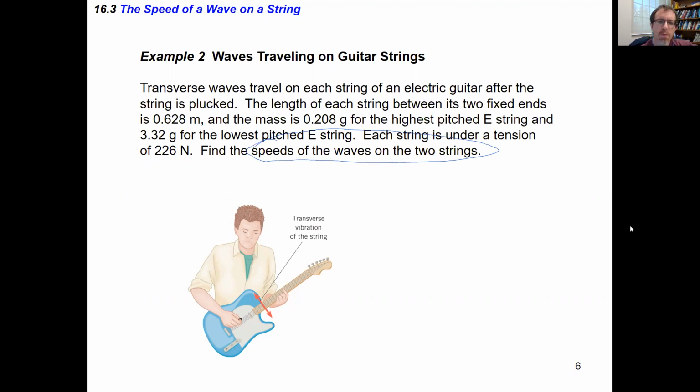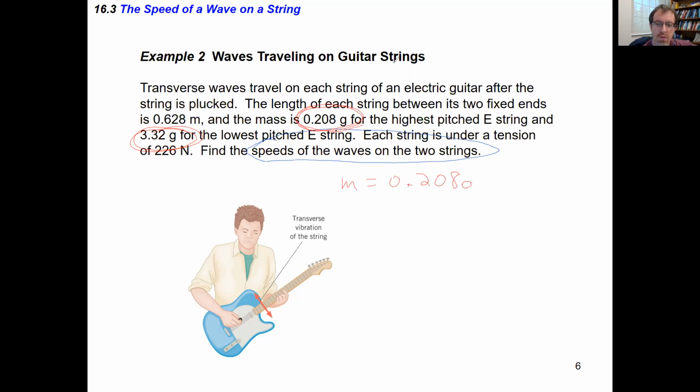Hopefully the first thing that jumps out at you is that we've got these two masses in grams. We know that in physics we use SI units, so we wouldn't want these in grams, we would want them in kilograms.